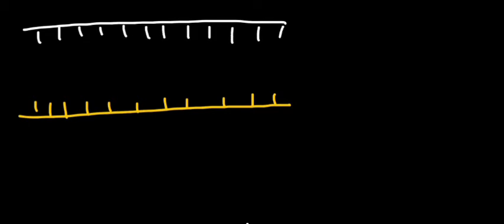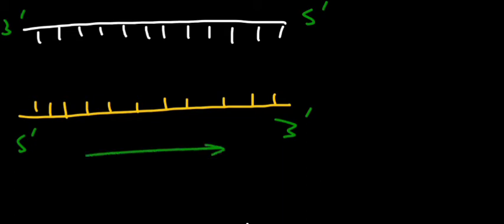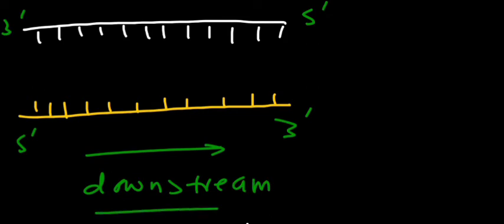The first strand, let us say, is running from 3' to 5', then the complementary strand is from 5' to 3'. The direction 3' to 5' is called upstream, then 5' to 3' is called downstream.